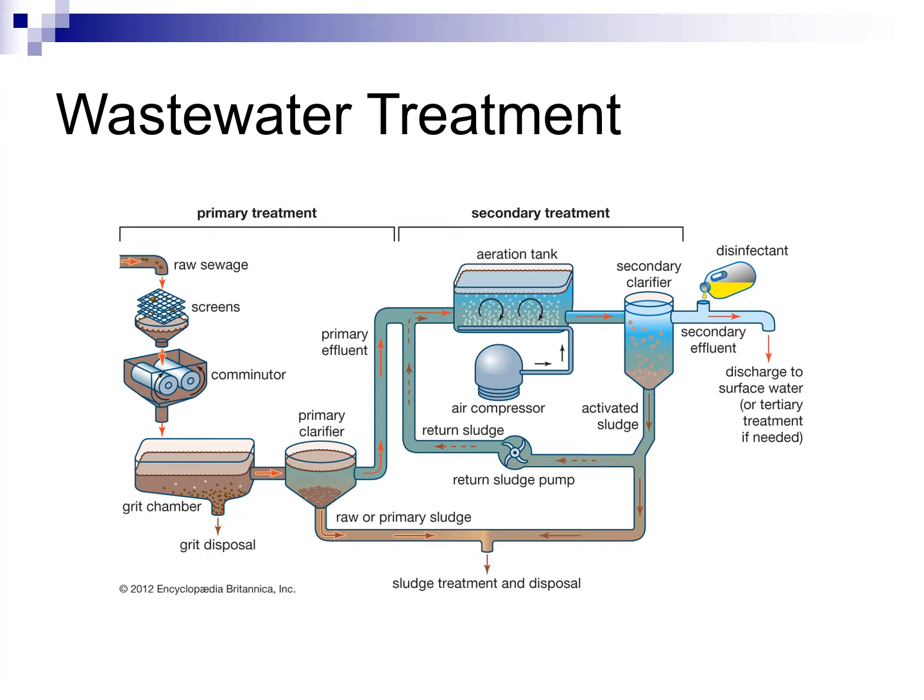Then it goes into our secondary treatment where we have an aeration tank and a second clarifier, and then it is disinfected. Similar to drinking water, generally chlorine is added as a disinfectant, and then it is discharged to surface water, or it could go into the tertiary treatment if needed.